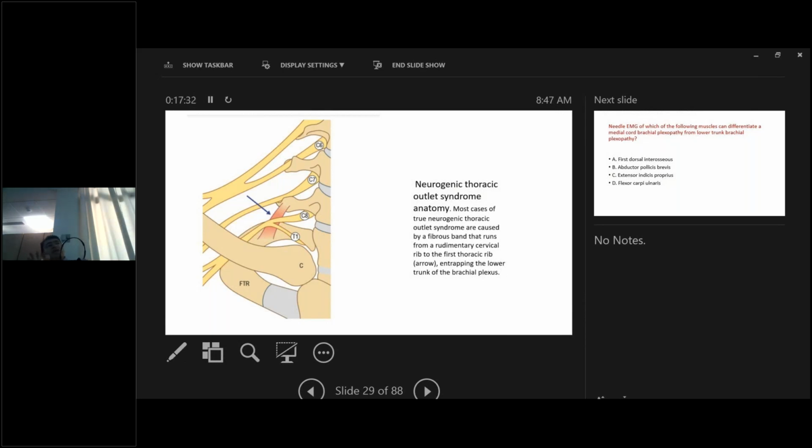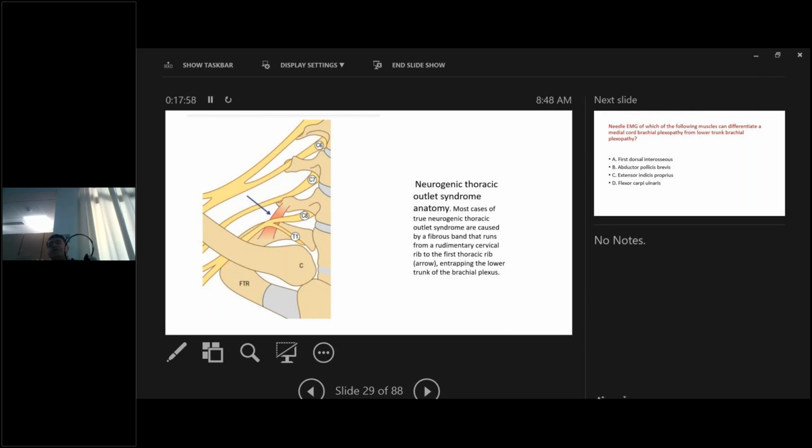In the past, they used to diagnose this a lot, but they were overcalling it. Usually, it has preference to T1, and we think the thenar has more T1 than the hypothenar. But when you ask which one has more T1 and which one has C8, each author will differ.